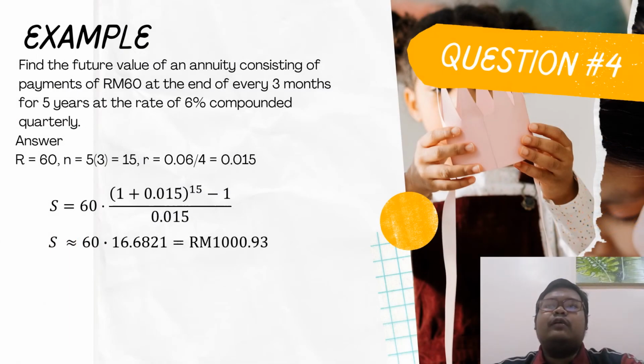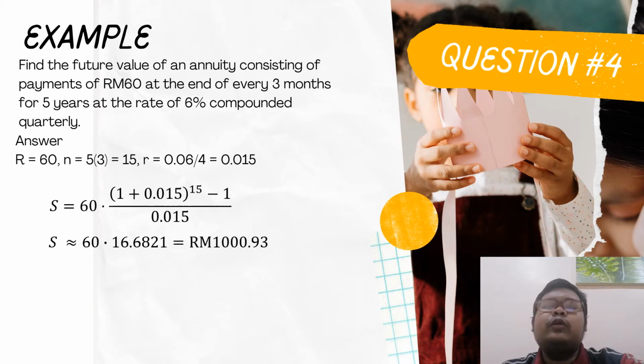For example, question 4. Find the future value of an annuity consisting of payments of 60 ringgit at the end of every 3 months for 5 years at the rate of 6% compounded quarterly. So R is 60, n is 5 years times 4 quarters, and we will get 20 periods. The interest rate is 0.06 divided by 4 equals 0.015.